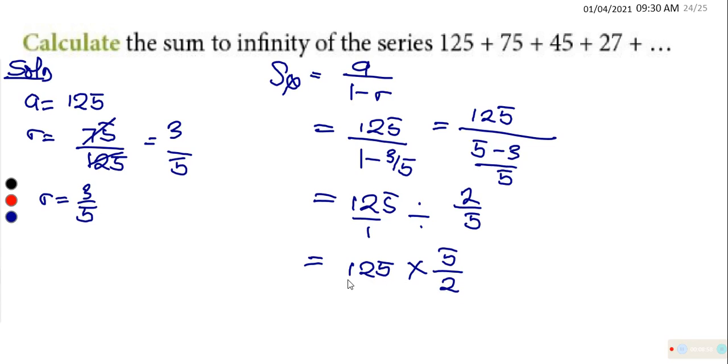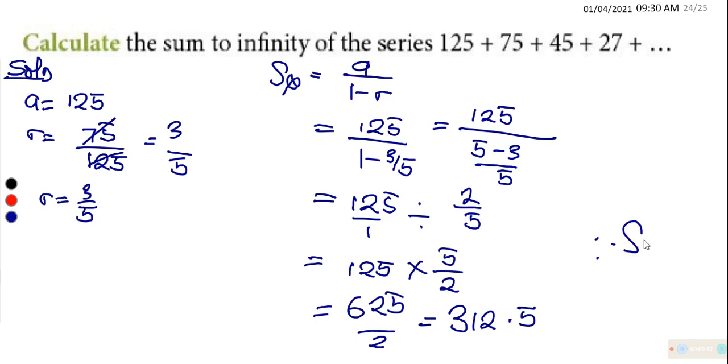Altogether that should give us 625 over 2. 625 divided by 2 will give us 312.5.